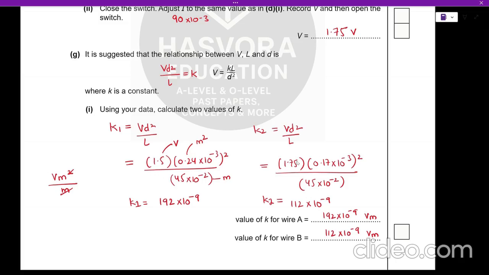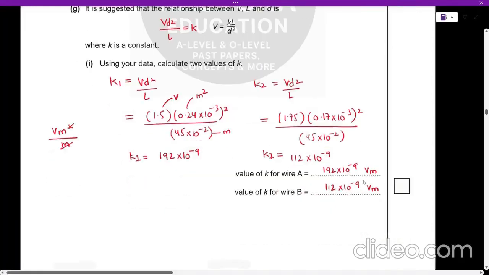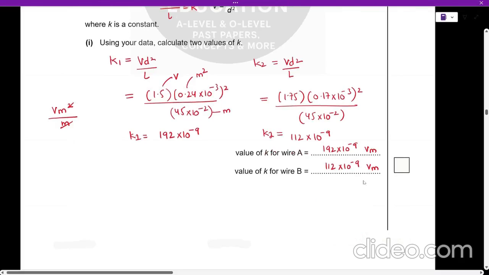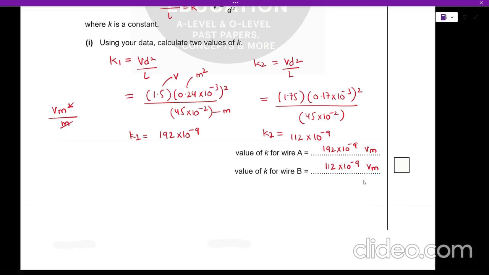So the numerator was volt into meter square, divided by the meter, so it came as volt into meter. The units were volt meter. So I recorded the values 192 times 10 power minus 9 volt meter, and the value of K for Y B was 112 times 10 power minus 9 volt meter.